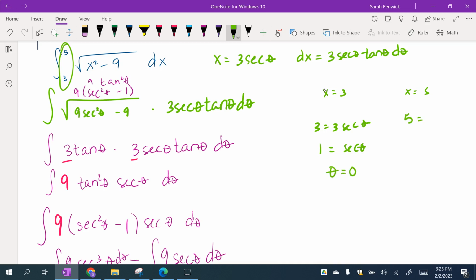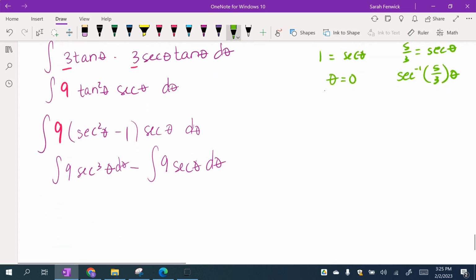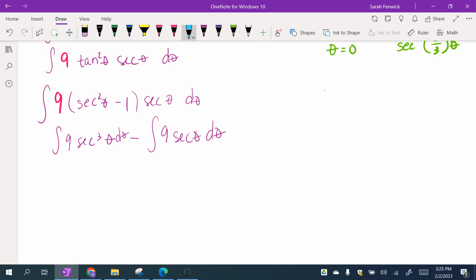When we have 5 equals 3 secant theta, 5 over 3 equals secant theta. We don't know 5/3 right off the top of our head, so we're going to say inverse secant of 5/3. So our limits of integration for this are 0 to inverse secant 5/3.